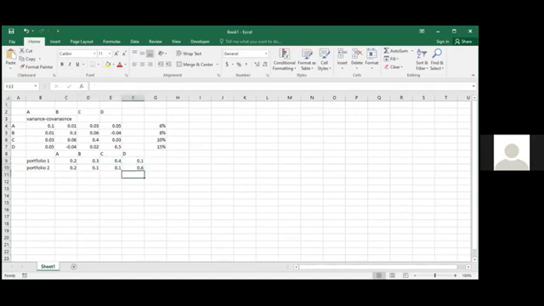In some other cases, we have to use the same proportions column-wise. So how to convert this?